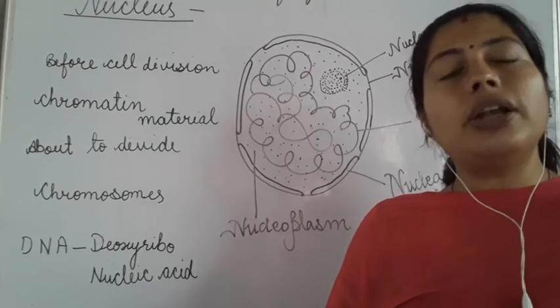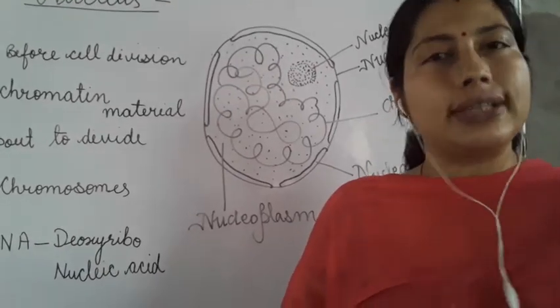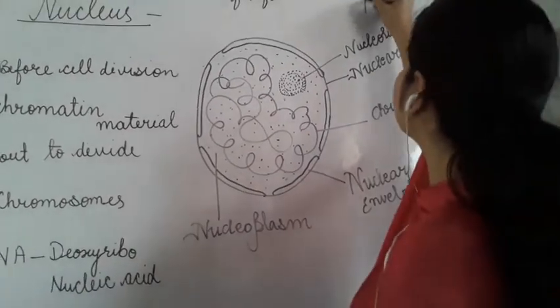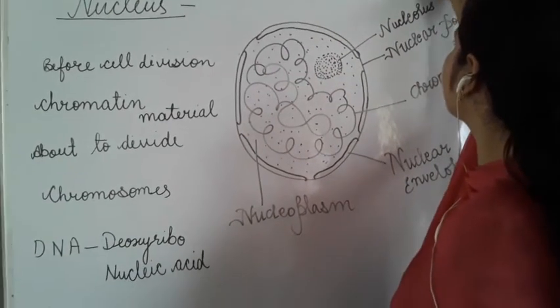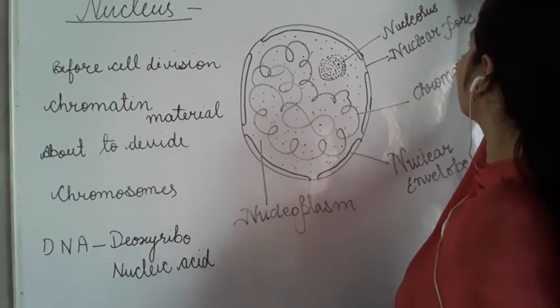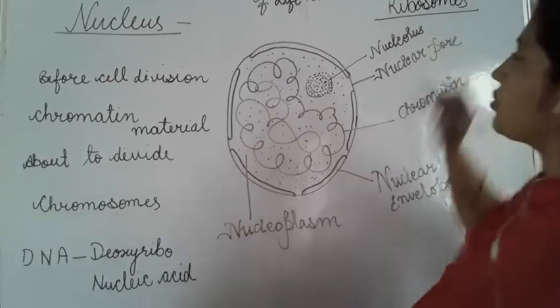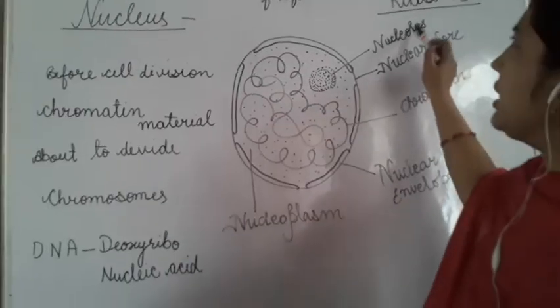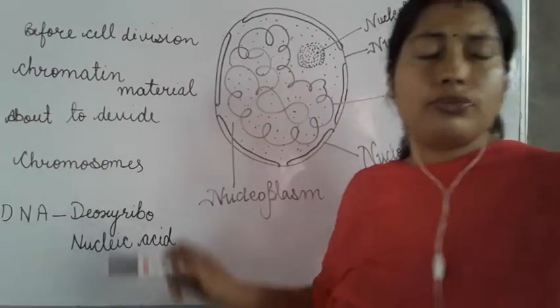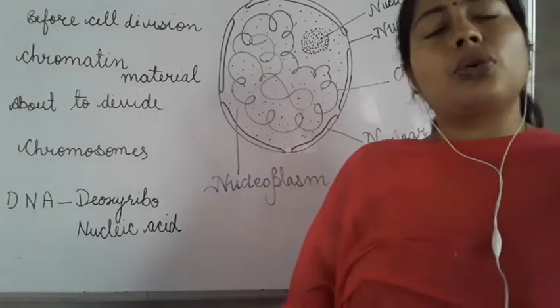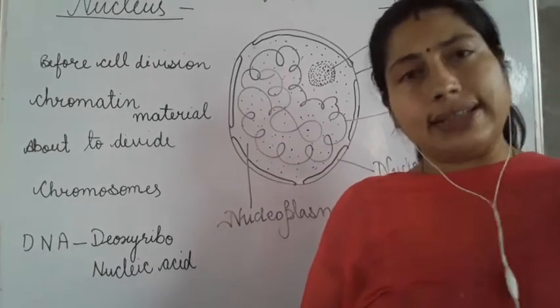Ribosomes are called the factory of protein synthesis. So in the nucleus, ribosomes are formed.